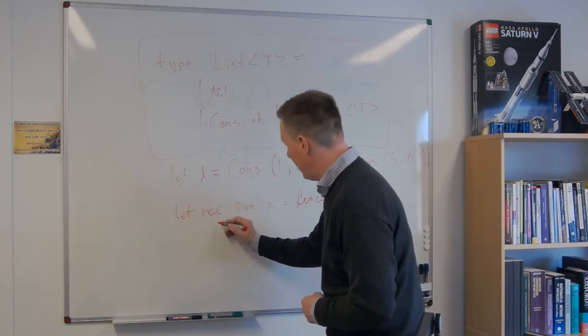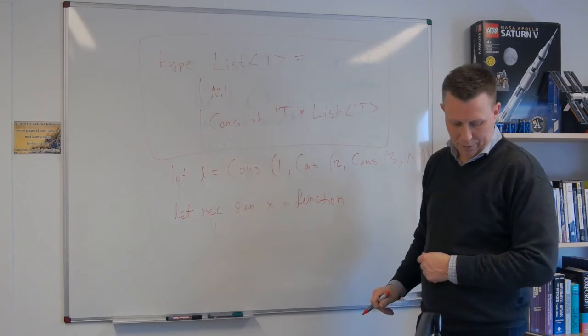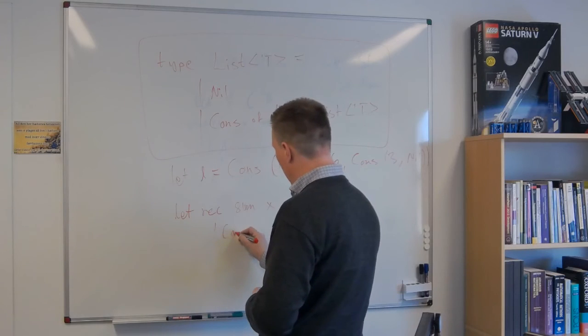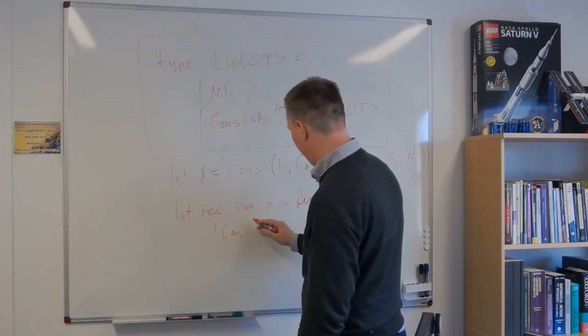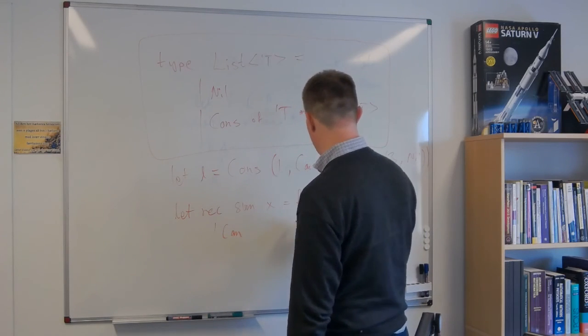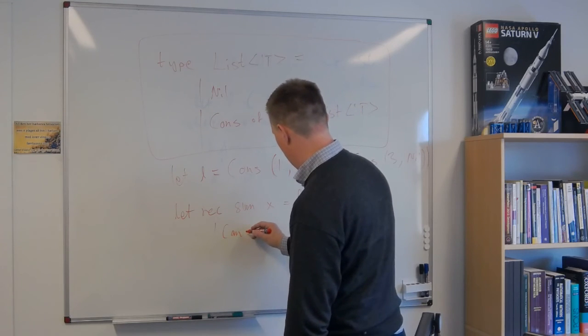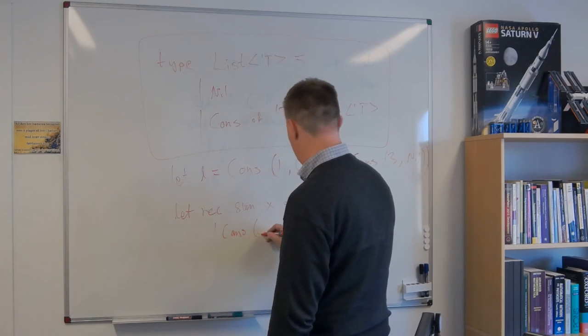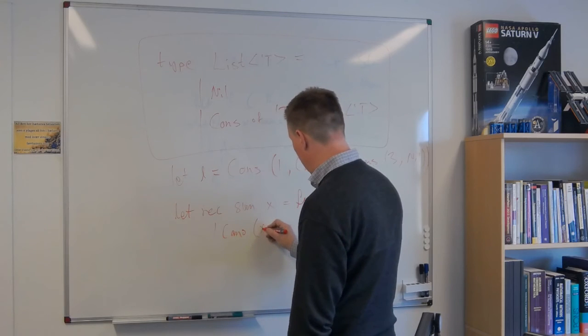So I can say this, and I can say pipe cons and then we have two elements, x and y.